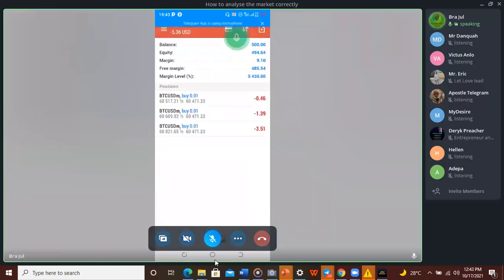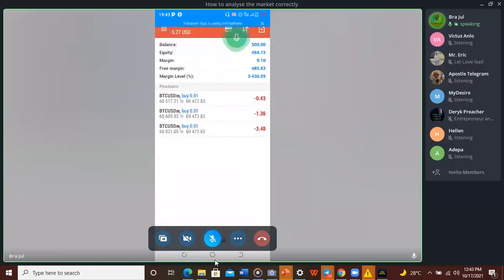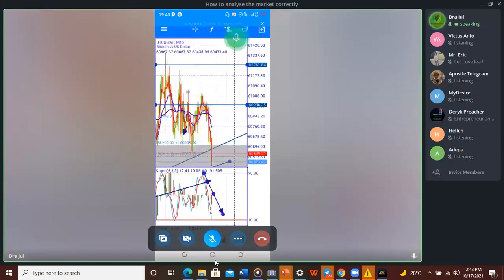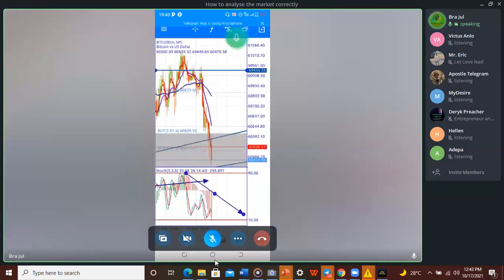Right now, the market is in a state where, because the M15 has already crossed downward, the potential to the downside is very, very high. So when you are entering against the moving averages, you have to be very careful. When the moving averages are all crossed like that, you've got to be careful.